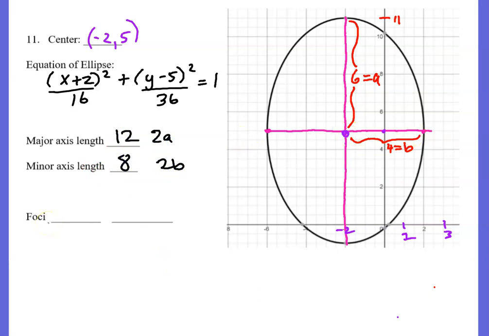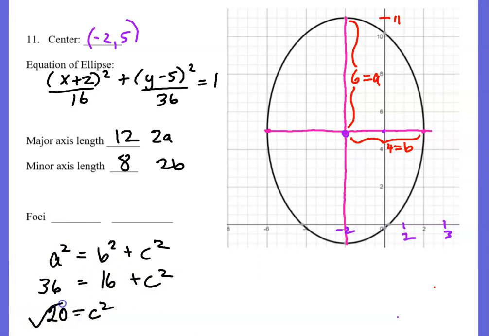To get your foci, you need to use a squared equals b squared plus c squared. We know a squared is 36, we know b squared is 16, we don't know c, so let's subtract. We get 20, square root, root 20 simplifies into root 4 times root 5, so 2 root 5.